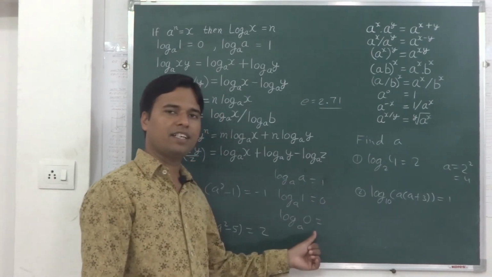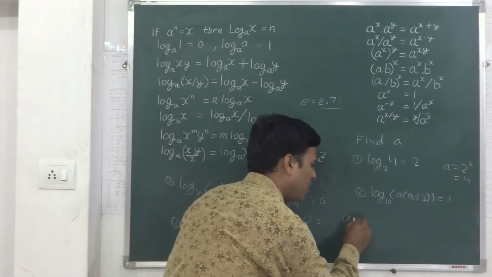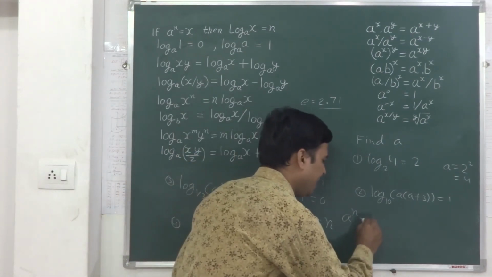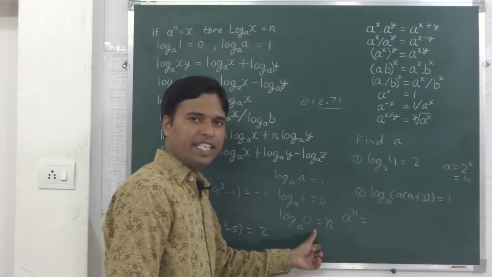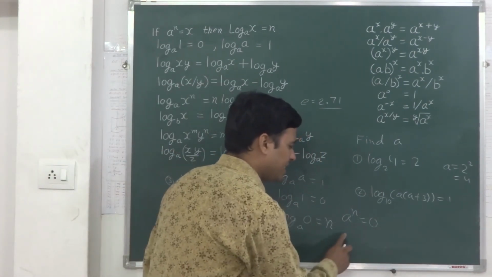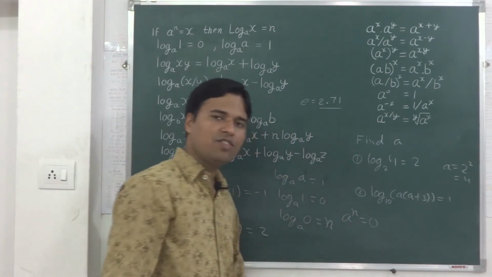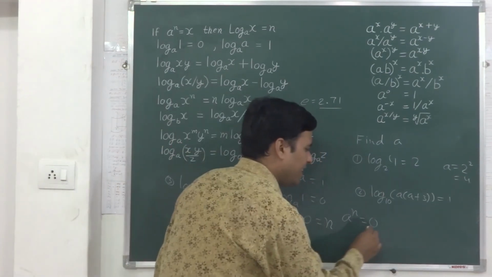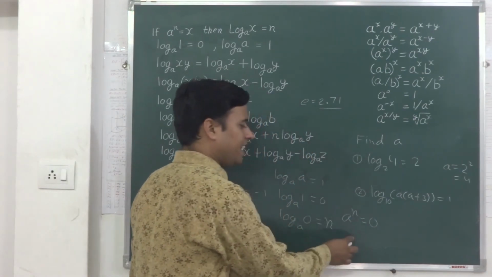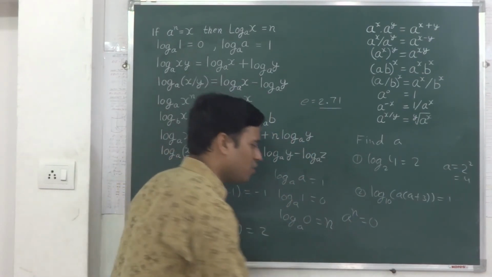Using the same method, a to the power of the unknown number n is equal to this value here, which is 0. But we know that a is a non-zero number. If we replace the n value as infinite, what would we get? Infinite. So that is not possible.